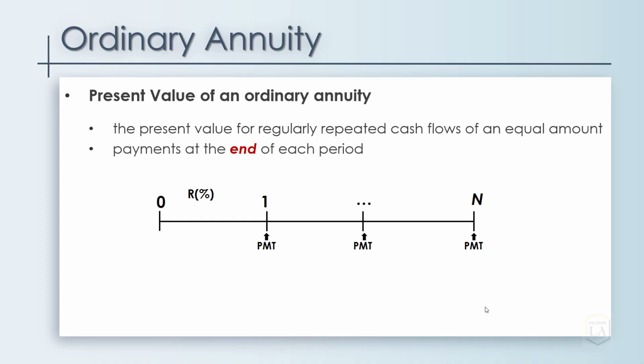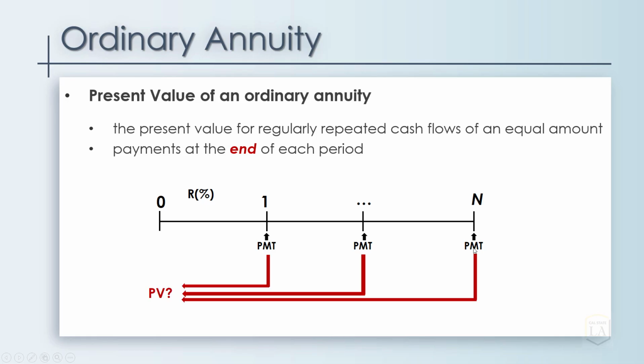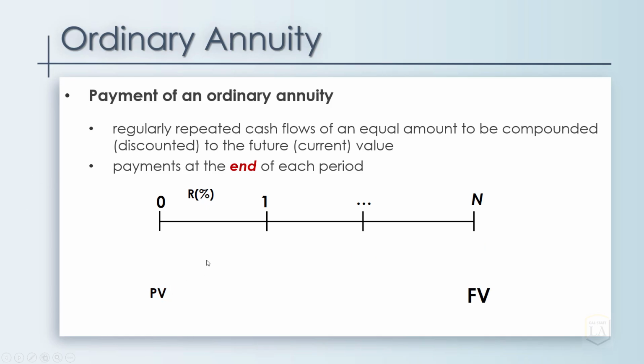Present value would be the opposite way. All these payments being made at the end, if we want to figure out how much it would be in today's value, that will be the present value. And another type of problem that we can think of is payment. Until now we were only focused on how to get the future value or present value of a cash flow schedule. But because there is one more important variable, we sometimes are asked to get that value.